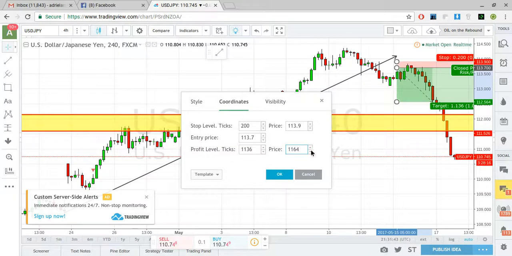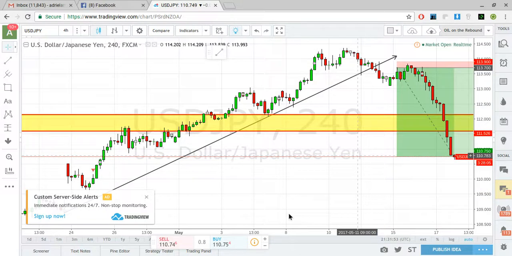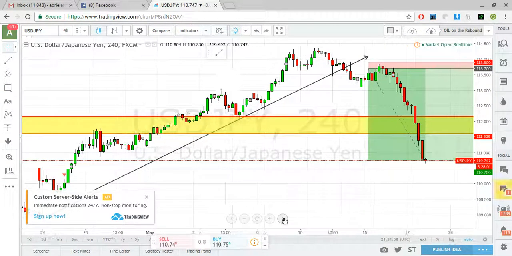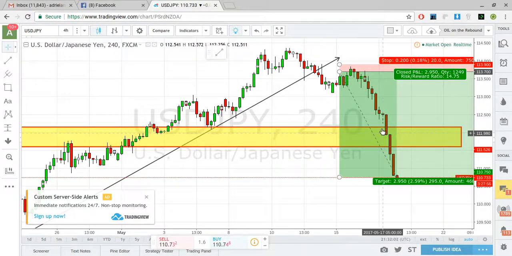I use very, very tight stop losses. So this is just unbelievable, to be able to end right there with that kind of stop. And then you get a trade where you're at 15 to 1.